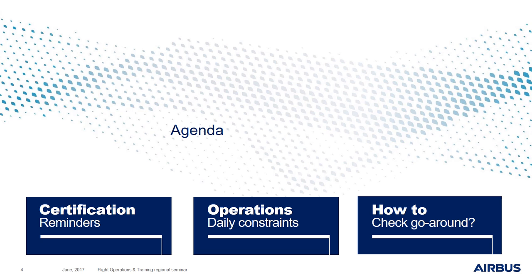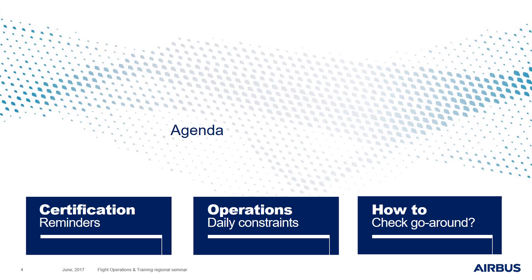Then, we will take a look at the operational constraints that you operators face in your everyday work, because go-around performance is also key in operations and can be limiting. We will also take a look at the differences between certification constraints and operational constraints. And then finally, we will take a look at the performance software and at the possibilities that are available for you today in order to compute go-around performance.